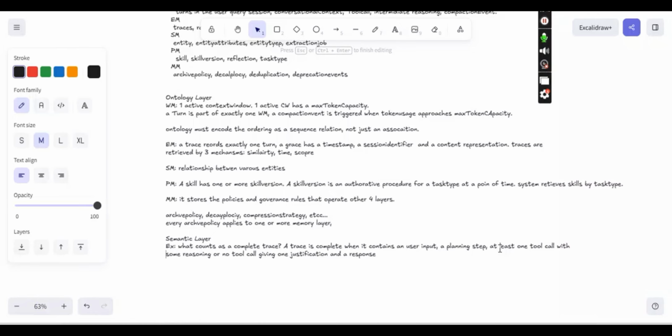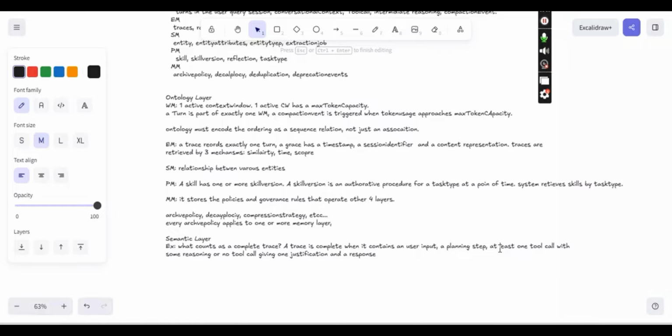These are all semantic meaning definitions I am giving. First, what counts as a complete trace. Second, the canonical definition of a skill. And third, when is an entity considered resolved?